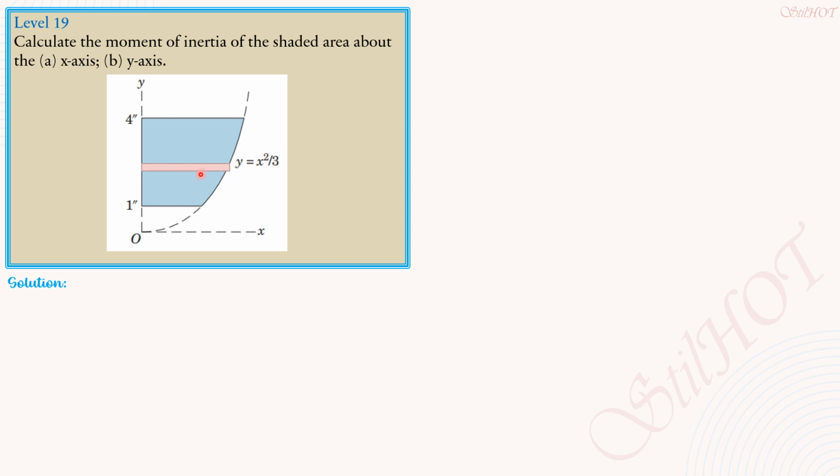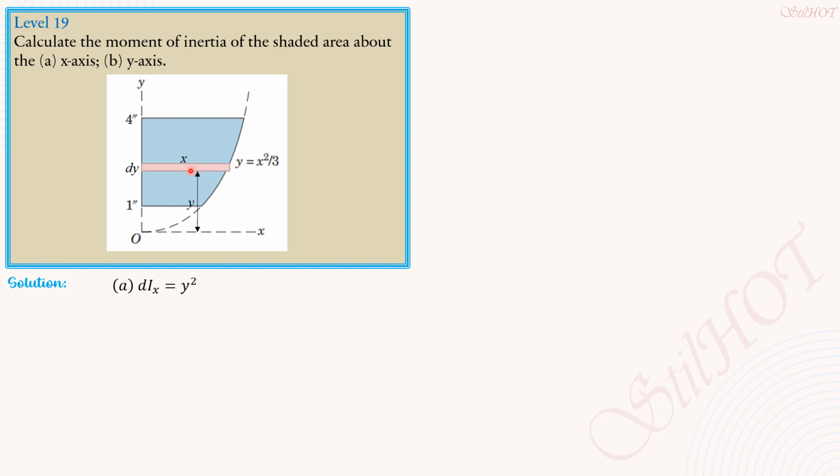So the length of the strip is x and the thickness is dy as shown, and the distance of the strip from the x-axis is y, so that differential Ix is distance squared, y squared, times differential area, which is x dy.